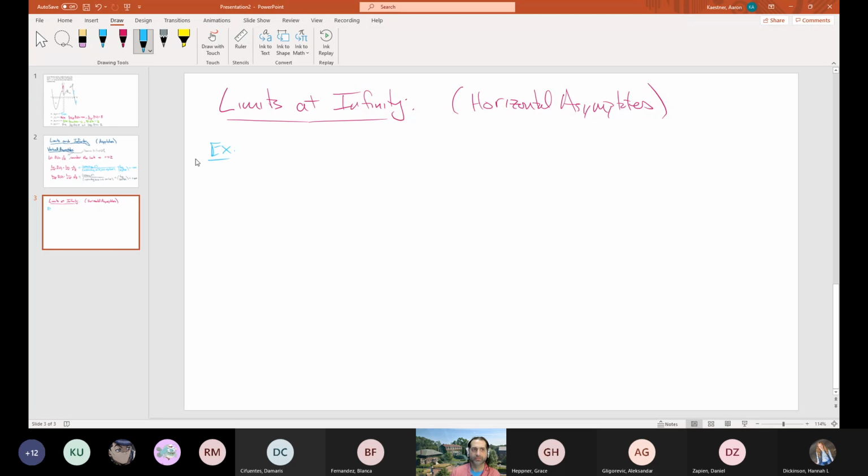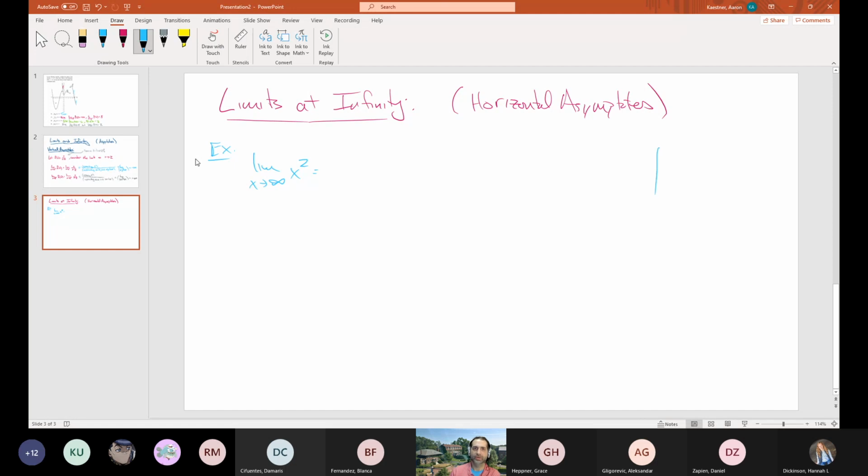All right, say we could look at something like the limit as x goes to infinity of x squared. Well, if I take a big positive number and I square it, I'm going to get back another big positive number.